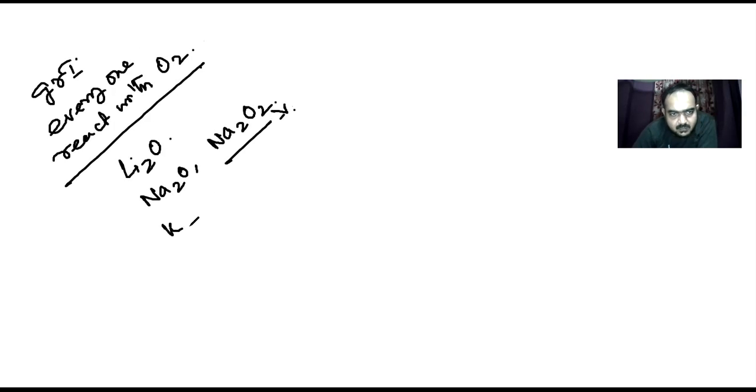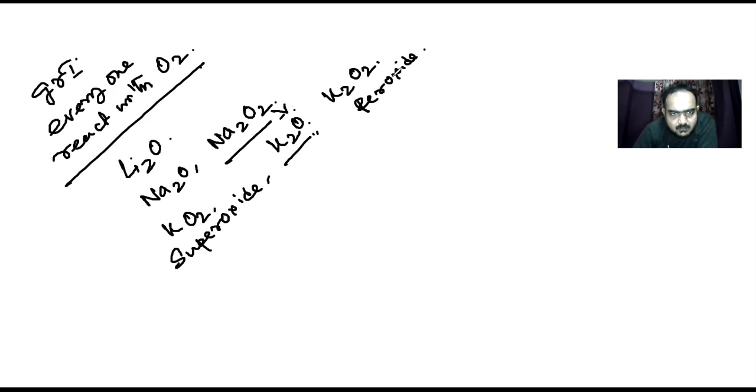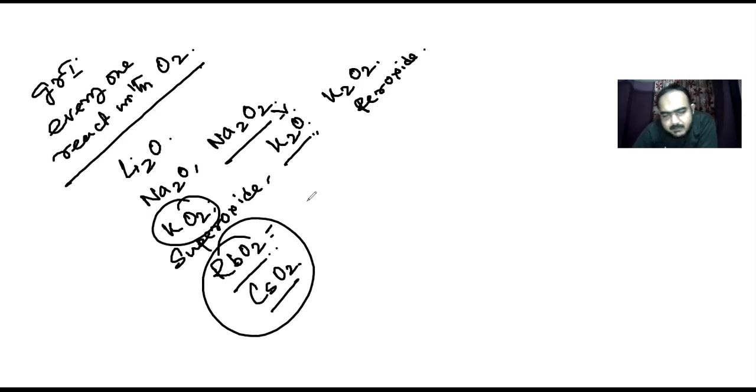KO2, it is superoxide, potassium superoxide, K2O, potassium monoxide, normal oxide, and K2O2, peroxide. But the superoxide is more stable. Similarly, RbO2, rubidium superoxide. Similarly, CsO2, they are produced in a higher quantity.